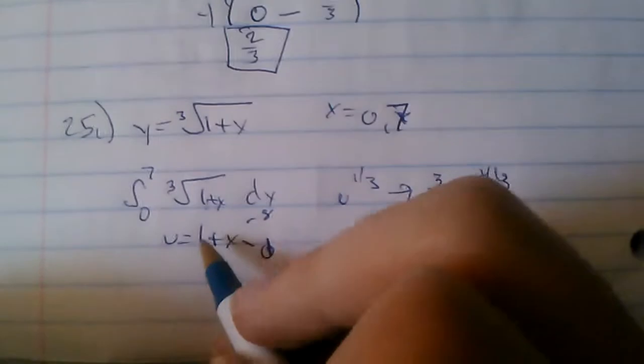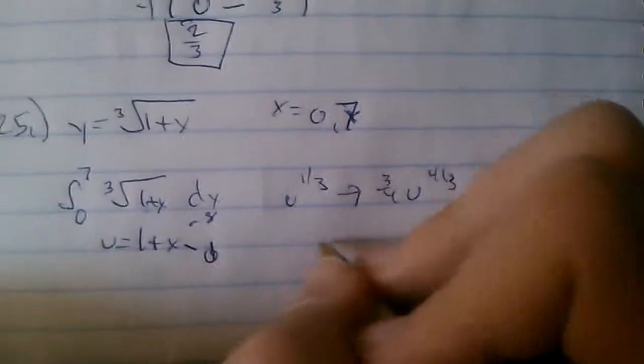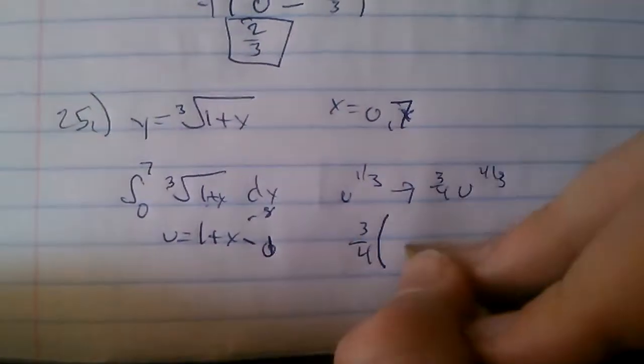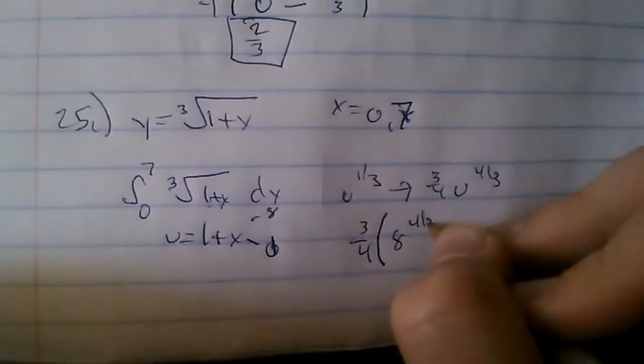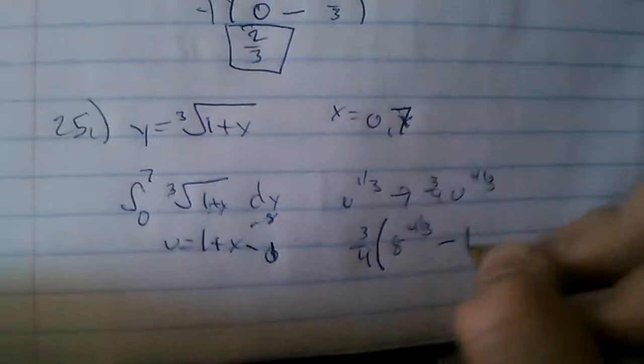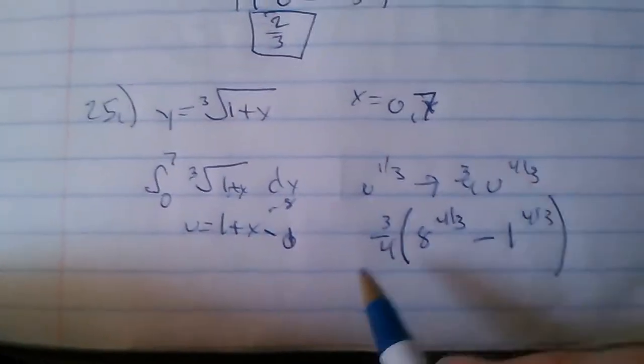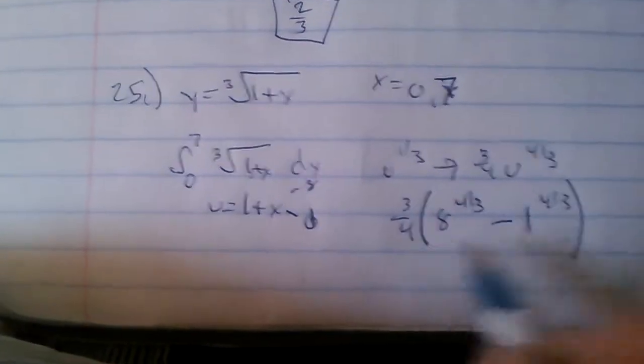But this time, instead of plugging 1 plus x back in for u, we take 3/4 times 8 to the 4/3 minus 1 to the 4/3. We take 3/4 out in front, and then plug these values into these powers.